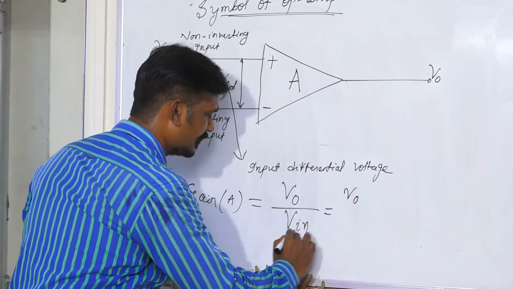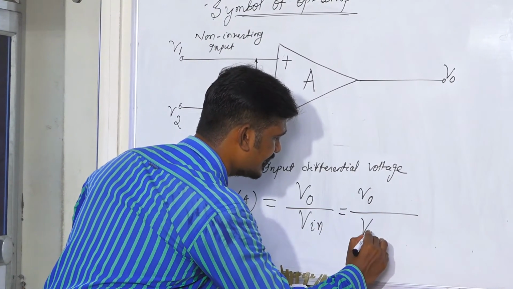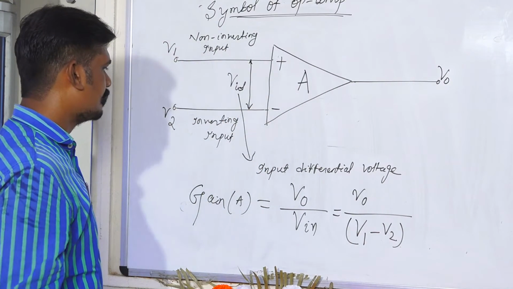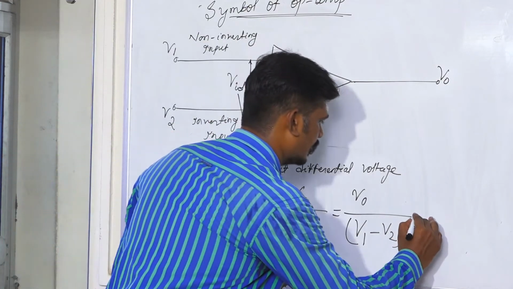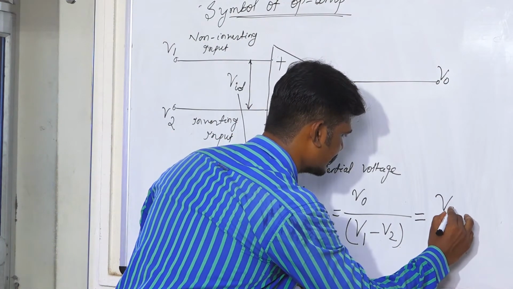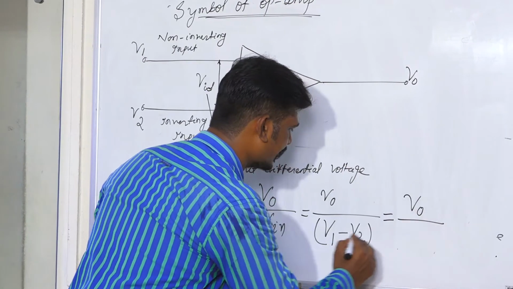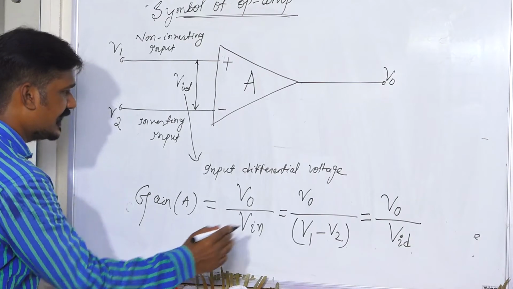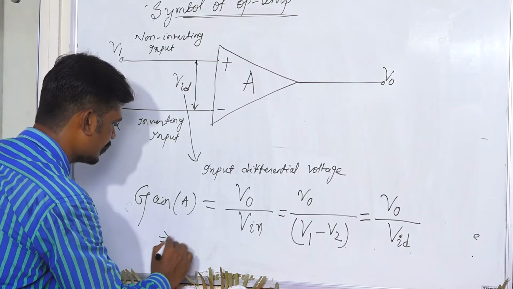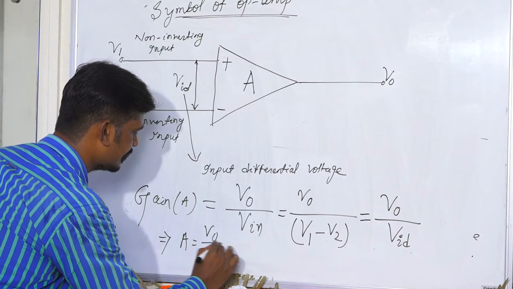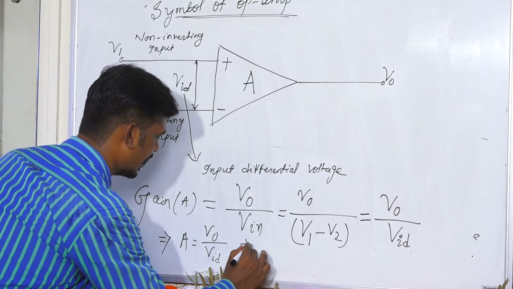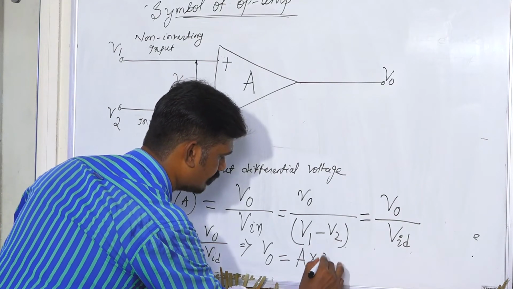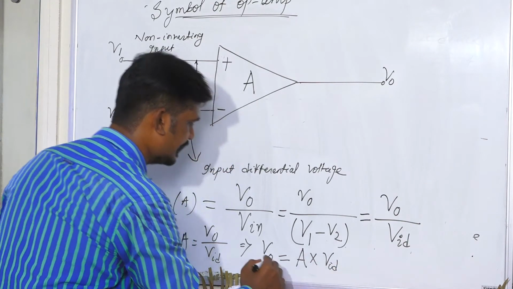So in the place of V in, we can write the difference between the two voltages, V1 minus V2, or we can say output voltage divided by VID. Similarly, by doing cross multiplication, we can write output voltage is equal to gain multiplied with VID.